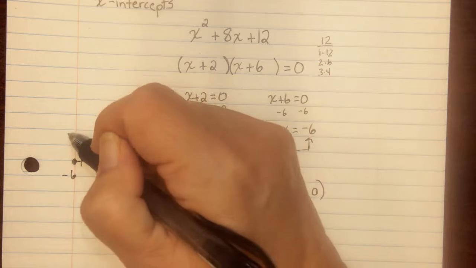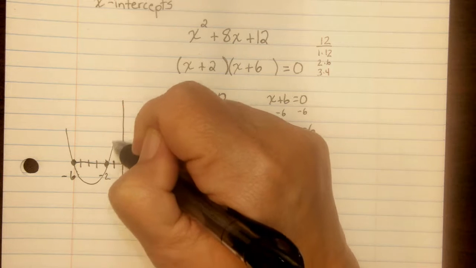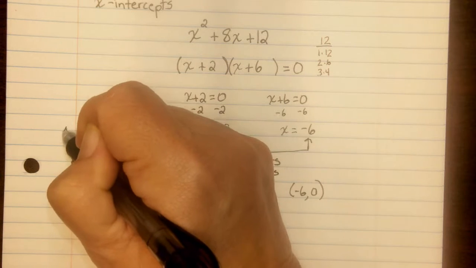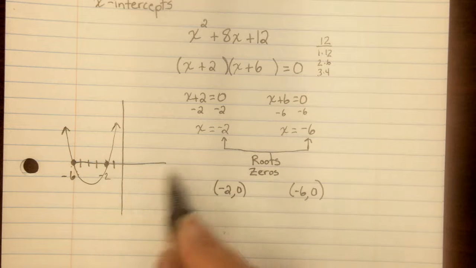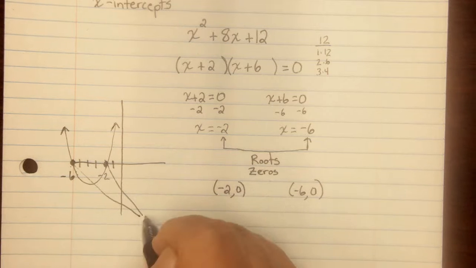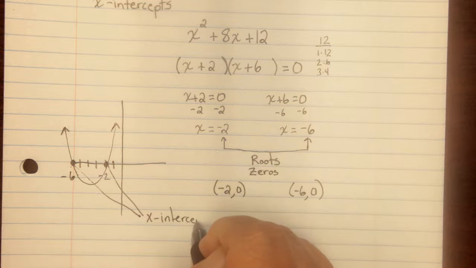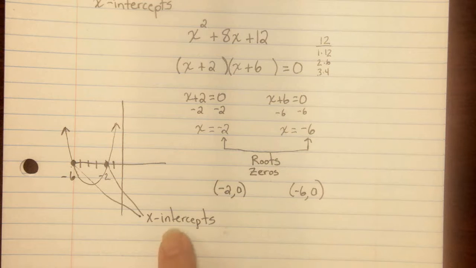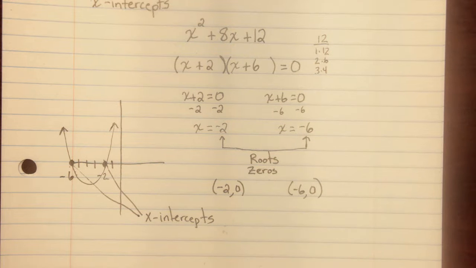And so I know that my parabola is going to go like this. And so these 2 points, those are my x-intercepts. And that's the same thing as the zeros and the same thing as the roots.